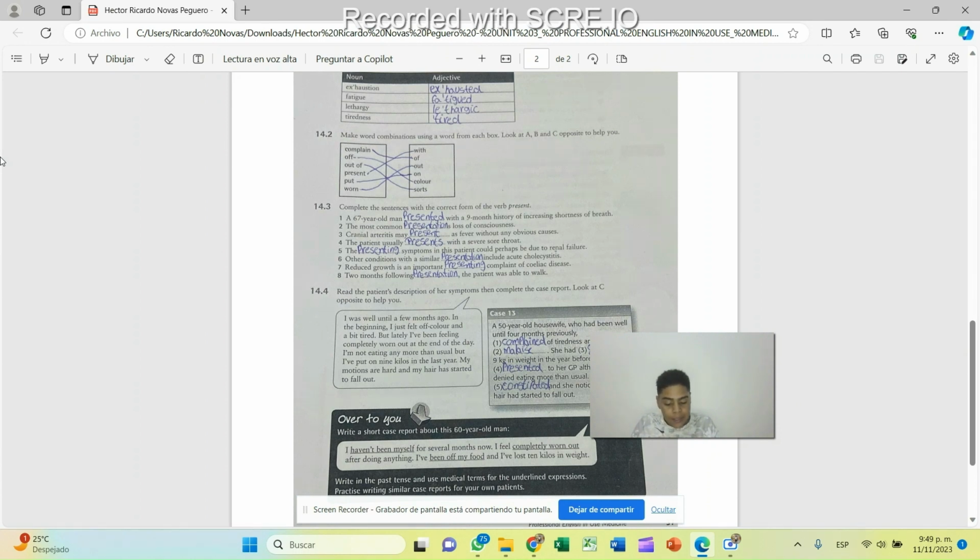She had gained 9 kilograms in weight in the year before she presented to her GP, although she didn't eat more than usual.